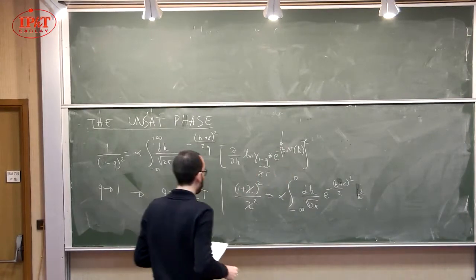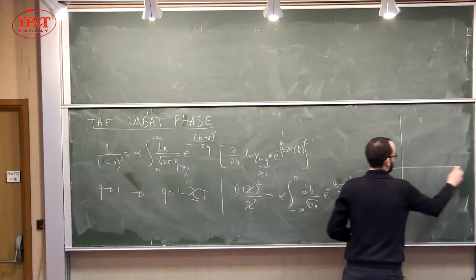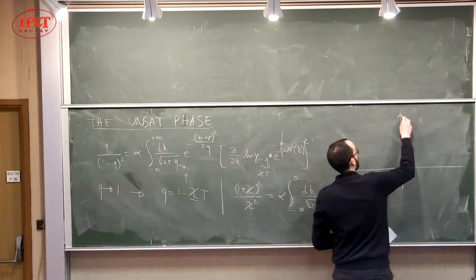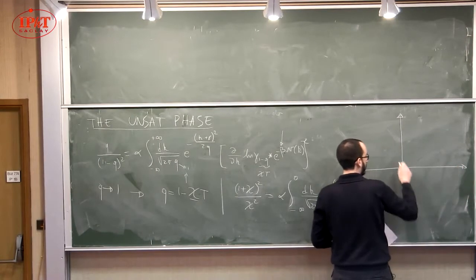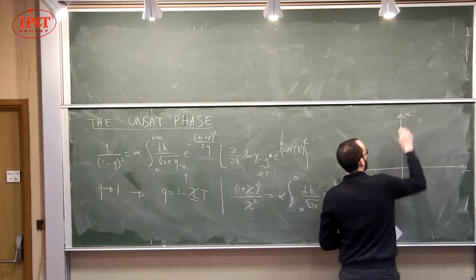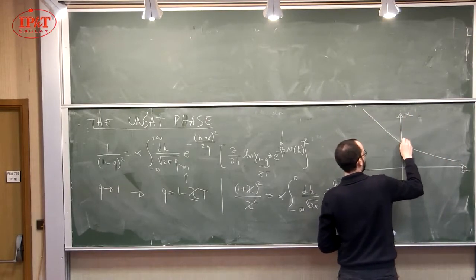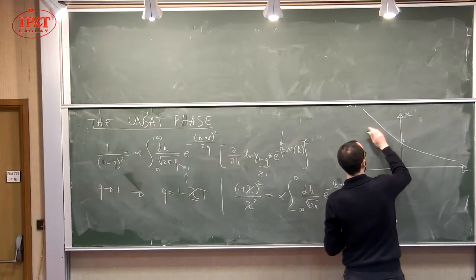Okay, so let me just make a brief recap of the phase diagram. So at the replica symmetric level, this is sigma, this is alpha. You have a line here. This is 2, and this is the SAT phase.